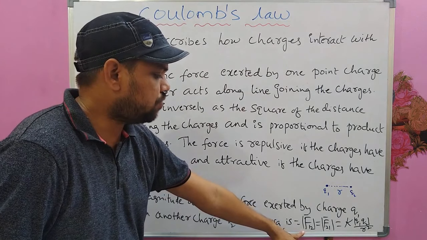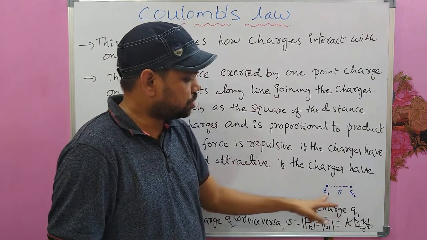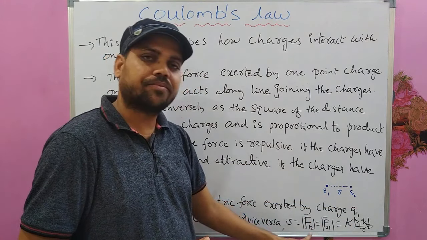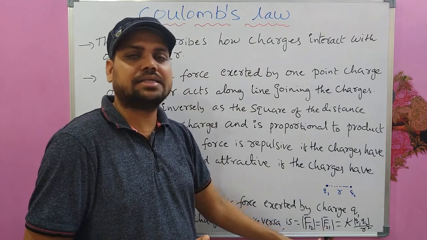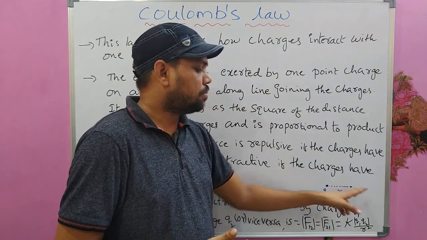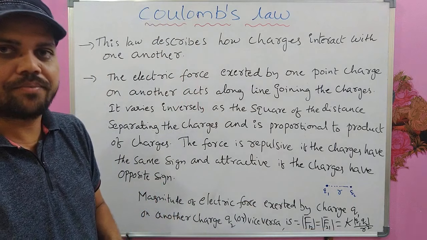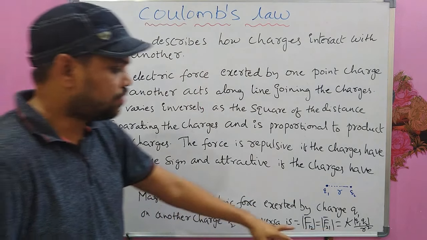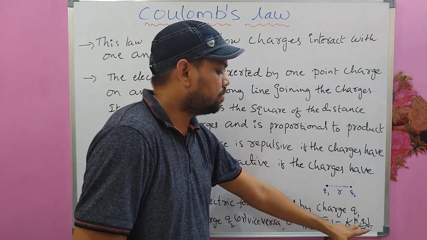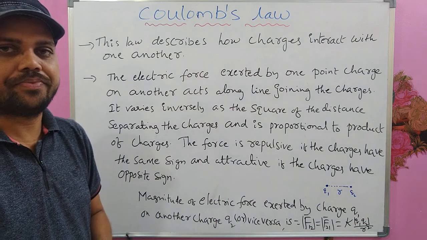The magnitude of the force acting on charge Q2 by Q1 is taken as modulus of F12, and it will be the same as the magnitude of the force acting on charge Q1 by charge Q2, taken as F21. They would be the same and equal to K times modulus of Q1 Q2 by r square.